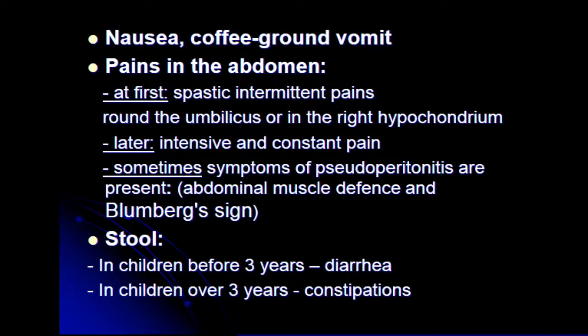Nausea, coffee ground vomit, pains in the abdomen, at first spastic intermittent pains, round the umbilicus or in the right hypochondrium, later intensive and constant pain, sometimes symptoms of pseudoperitonitis are present, abdominal muscle defense, and Blumberg signs.